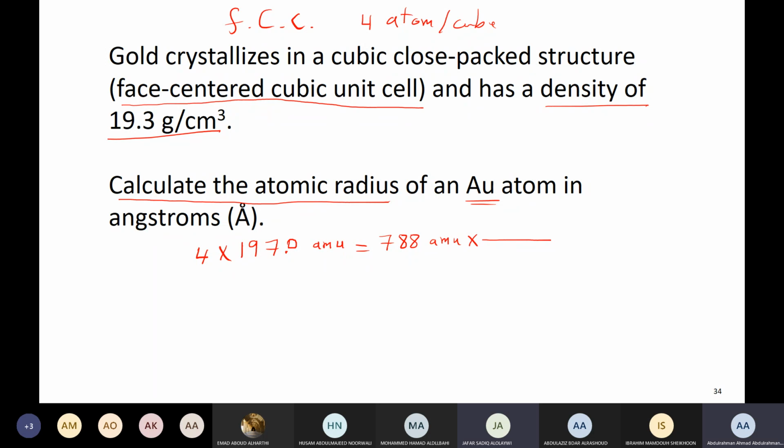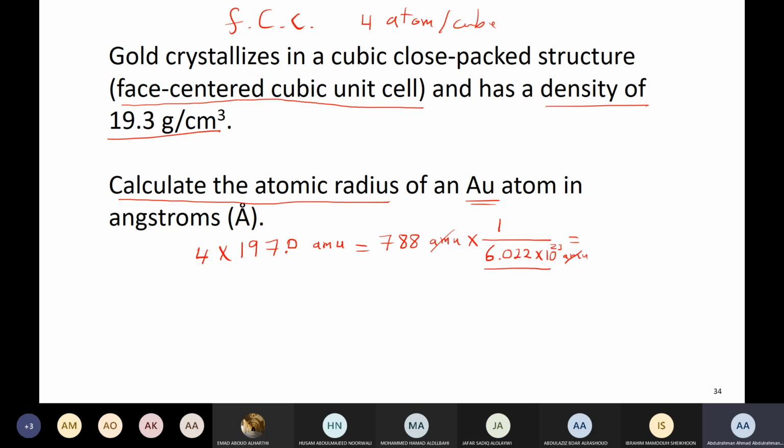What should I do to change it to gram? 1 divided by 6.022 times 10 to the power 23.